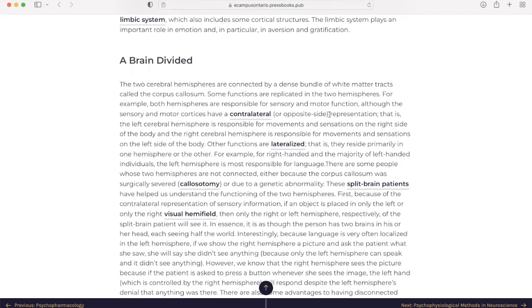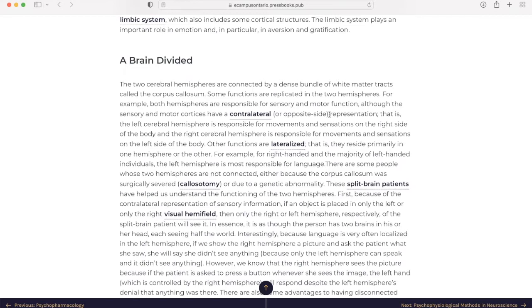In essence, it's as though the person has two brains in his or her head, each seeing half the world. Now, this is really interesting because language is very often localized in the left hemisphere. If we show the right hemisphere a picture and ask the patient what she saw, she will say she didn't see anything, because only the left hemisphere can speak, and it didn't see anything.